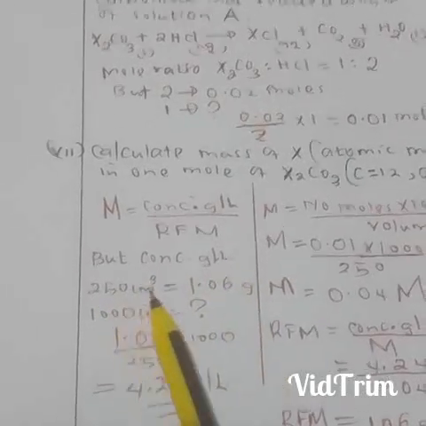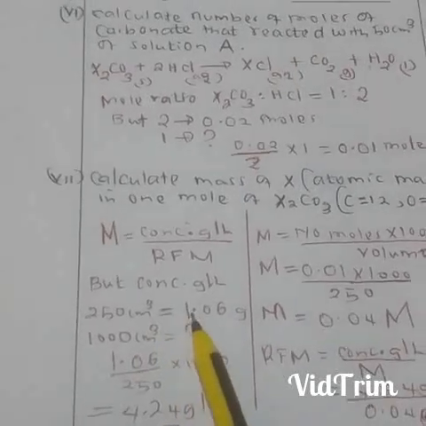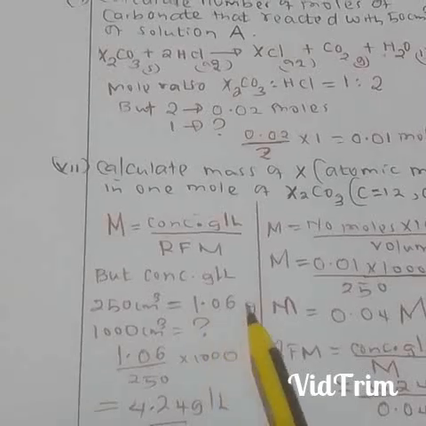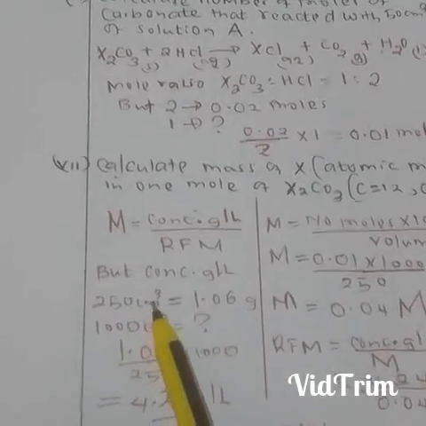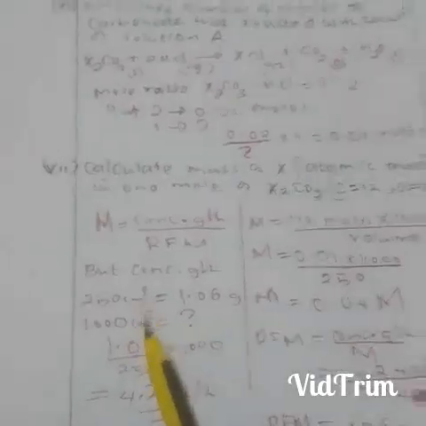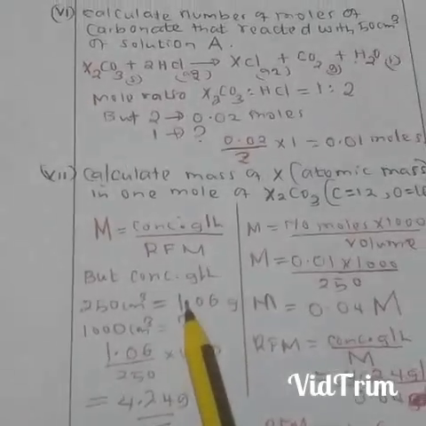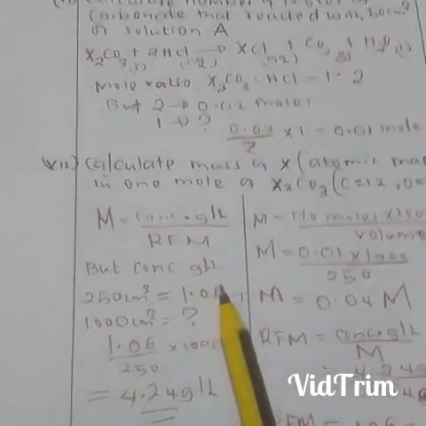It's very simple. Remember, the mass we have been given of the carbonate was 1.06 grams. But this 1.06 grams was dissolved in 250 of distilled water. Is it okay? So we ask ourselves, how do we change this concentration from 1.06 grams in 250 into grams per liter?